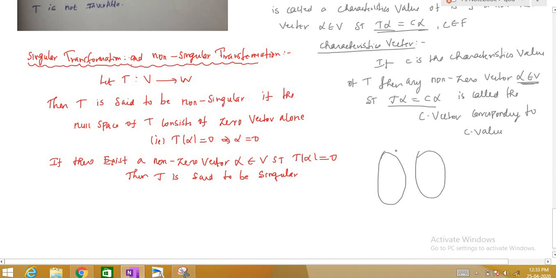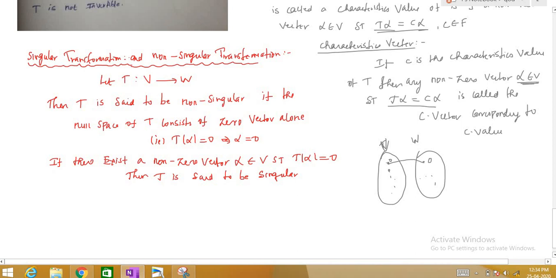So if T maps V to W, which are vector spaces, there will be a 0 vector here, and some other vectors in V and W. We already know the 0 vector will always be mapped to the 0 vector in a linear transformation, right? If the 0 vector is the only vector that is mapped to 0, then the transformation is called a non-singular transformation, right?